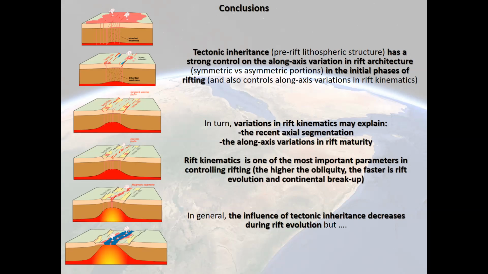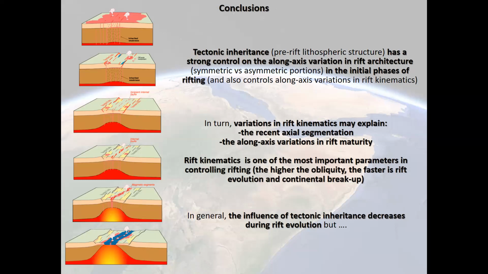And in general, as we see during rift evolution, in these late stages of rifting, the tectonic inheritance has a lower influence with respect to the initial phases. So we have a decreasing influence of tectonic inheritance during rift evolution.